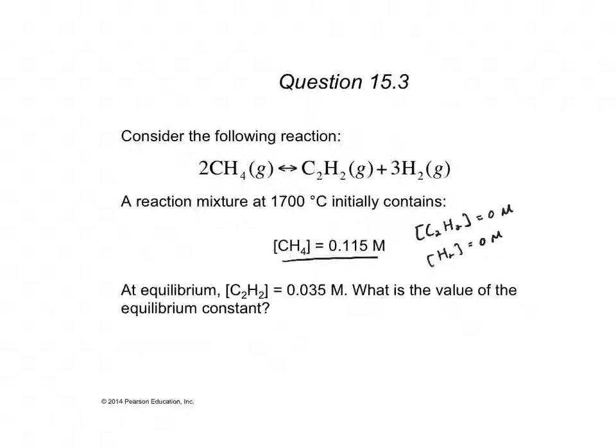And so then I want to know, after we reach equilibrium, you have a C2H2 concentration of 0.035. What is the value of the equilibrium constant? So this is the exact same type of problem. This will be on the video assignment quiz, so make sure that you do this correctly and do it maybe before you go on so you don't run out of time.